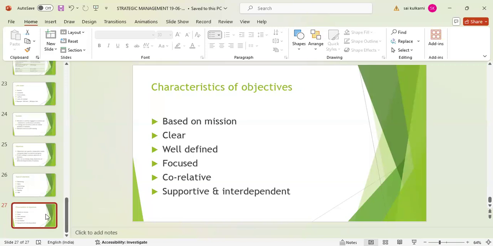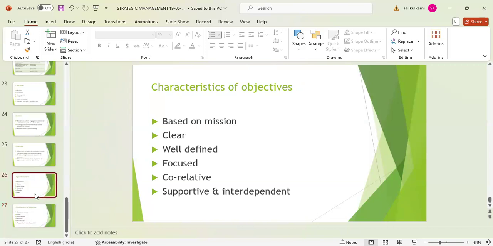What you want to do, it should be focused. Then, as we just discussed, it should be correlative. So the mission statement is dependent upon the vision statement. Then objectives are dependent upon the mission statement. So it is correlative and interdependent. The last point is very important. Objectives are supportive and interdependent.